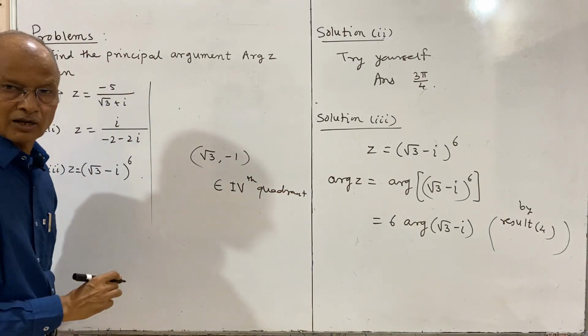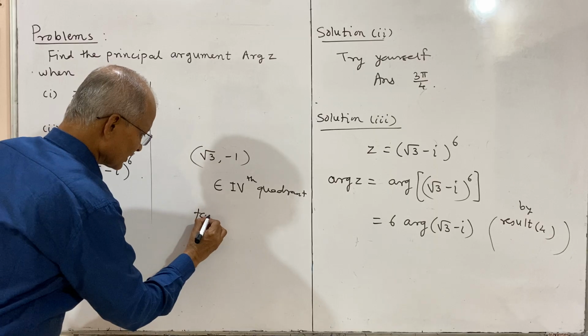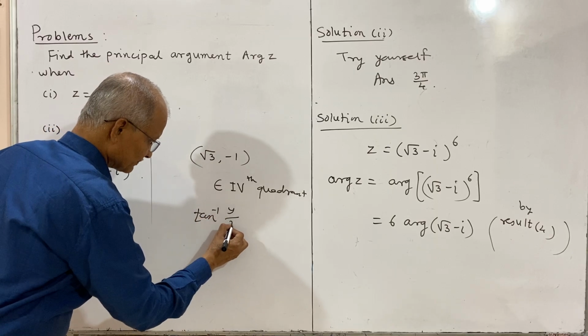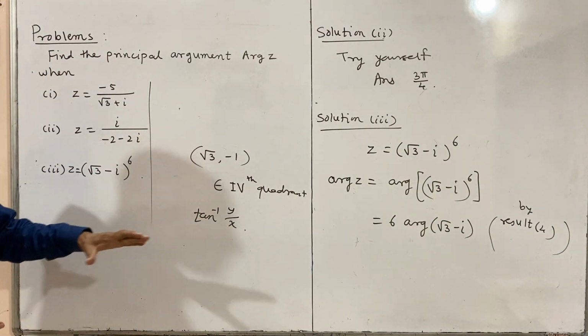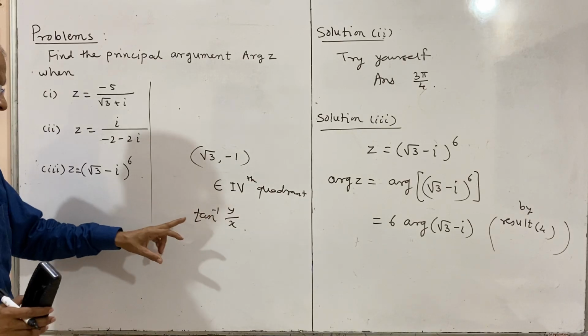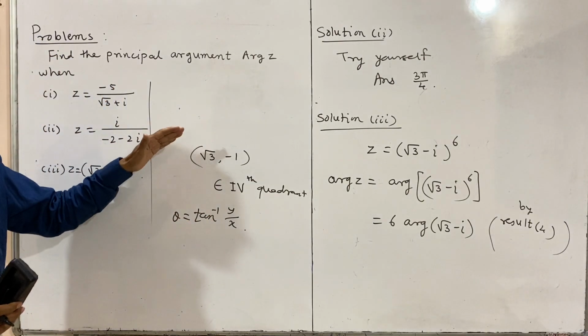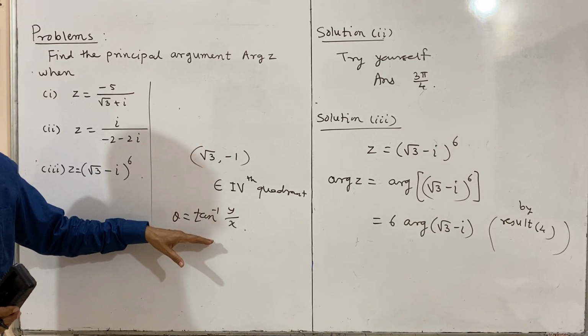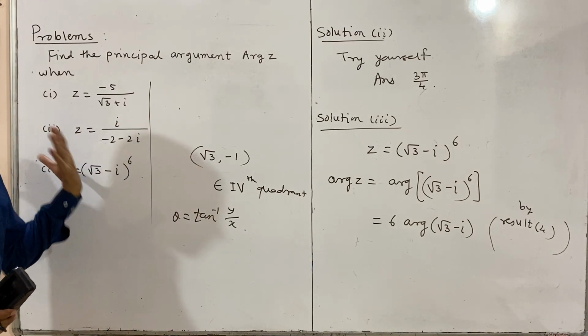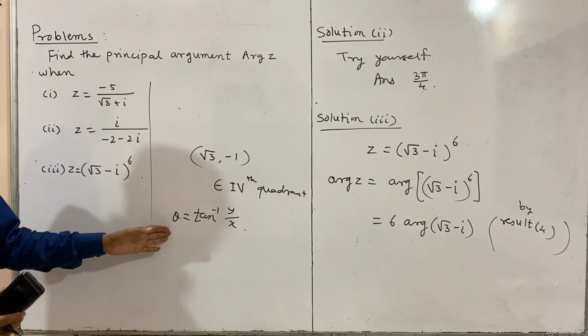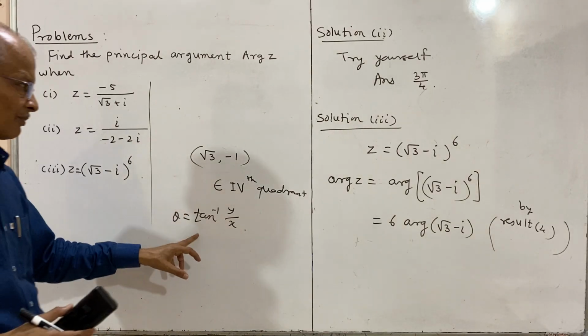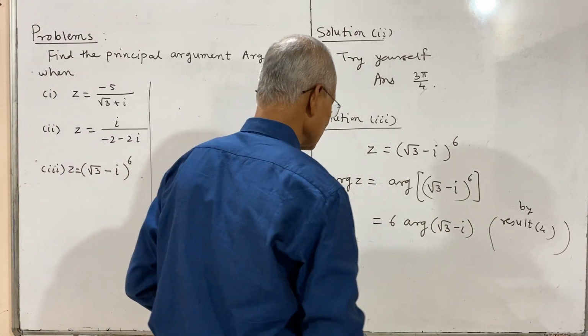In the first and fourth quadrants the formula is the same, theta is tan inverse y upon x. For the second quadrant it is pi plus tan inverse of y upon x, and for the third quadrant it is minus pi plus tan inverse of y upon x.